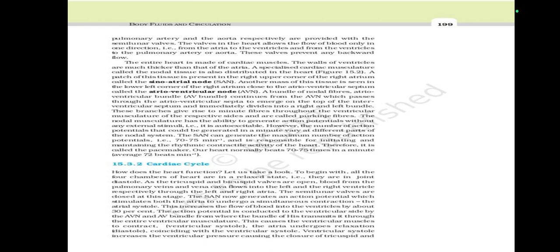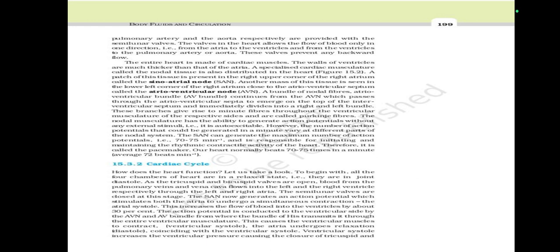The action potential is conducted to the ventricular side by the AV bundle, from where the bundle of His transmits it through the entire ventricular musculature, and this causes the ventricular muscles to contract, the ventricular systole.